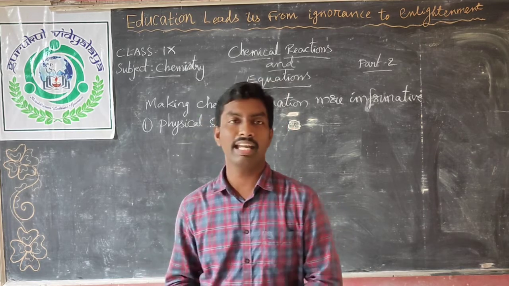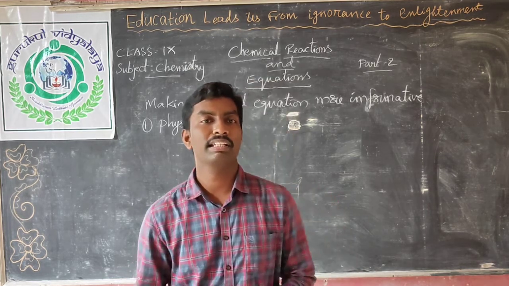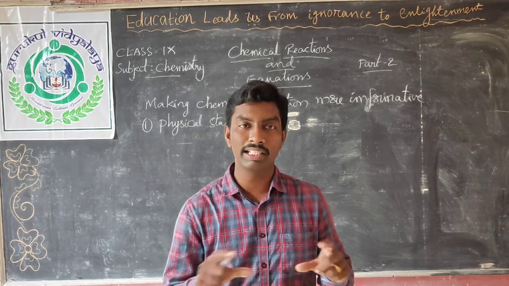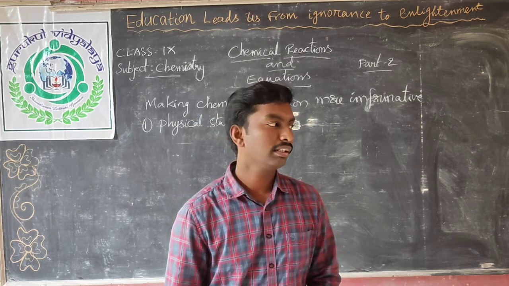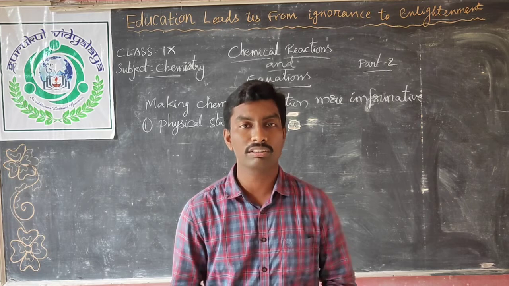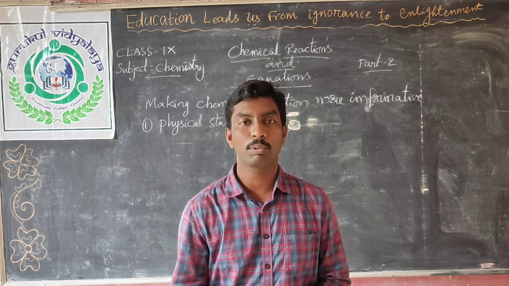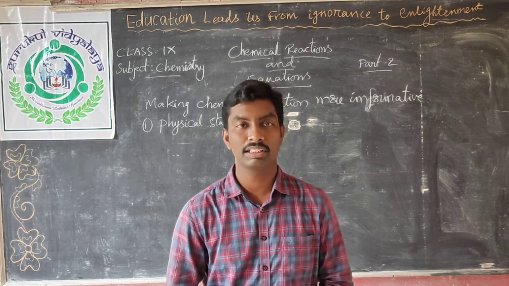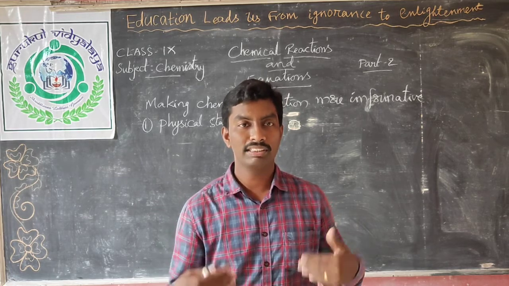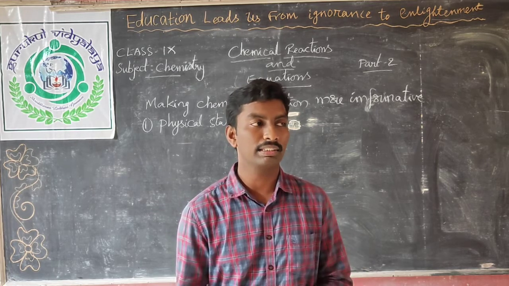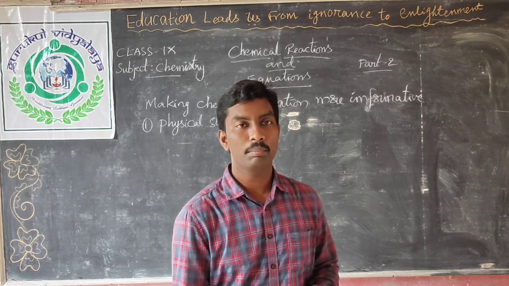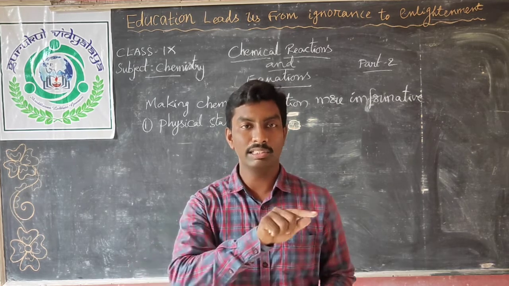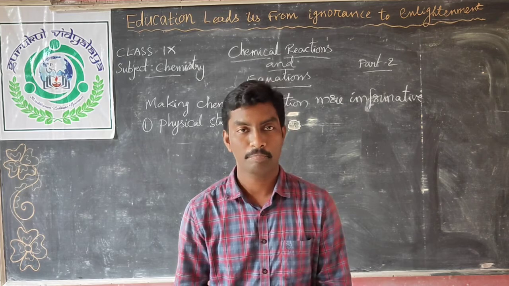About the chemical reaction, we can express it in the form of a word equation. For example, carbon, when it reacts with oxygen, gives the product carbon dioxide. In words, we express that as carbon plus oxygen gives carbon dioxide.